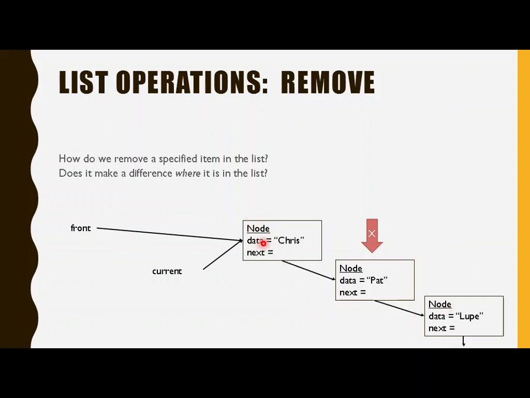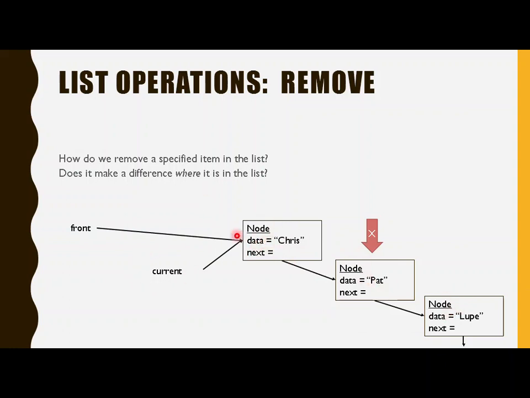If I take current.next and I point it to this, then I just let Pat get garbage collected and now I have the right node as my next. So what does that look like? Current.next equals what? How do I then get here if I don't have this?